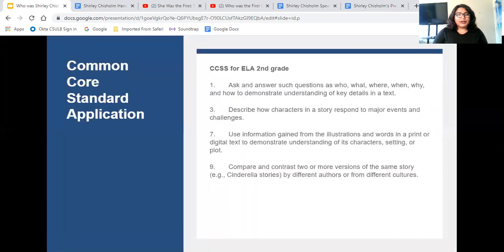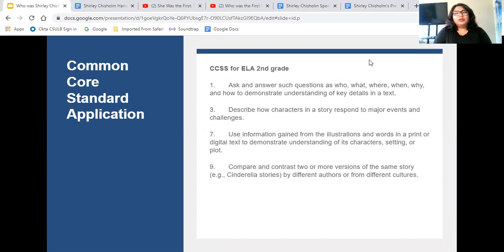And for the Common Core Standards applications for ELA second grade, I use 1, 3, 7, and 9. Number one, ask and answer questions about who, what, where, when, and why, and demonstrate understanding of key ideas from the text.